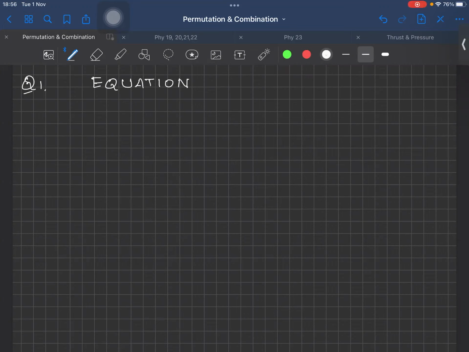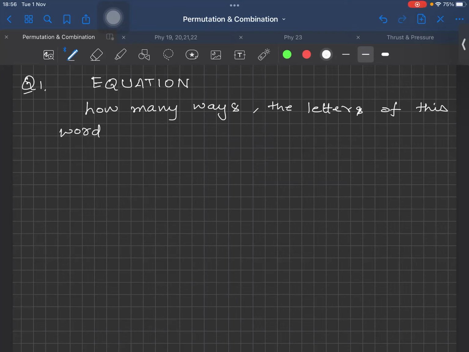So write down how many ways this word can be arranged.